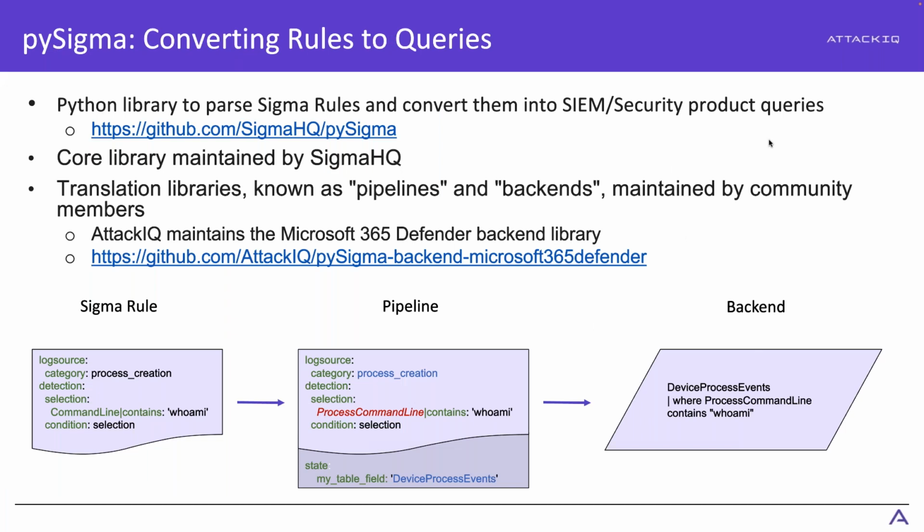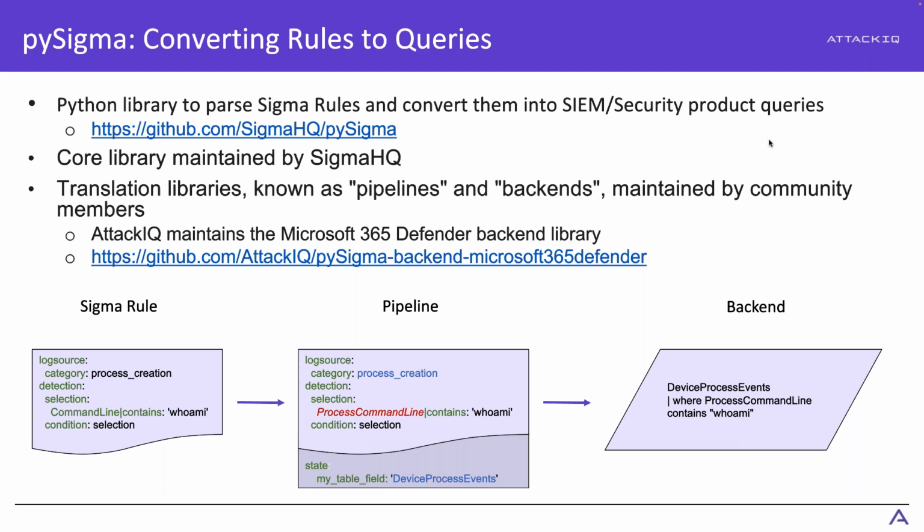So now that we know what a rule looks like, how do we convert it to something we can actually use in one of our security products? PySigma is the primary library that drives all the different tools to do all the conversions. The core library is maintained by Sigma themselves, and the community is responsible for creating and maintaining all the different pipelines and backend libraries.